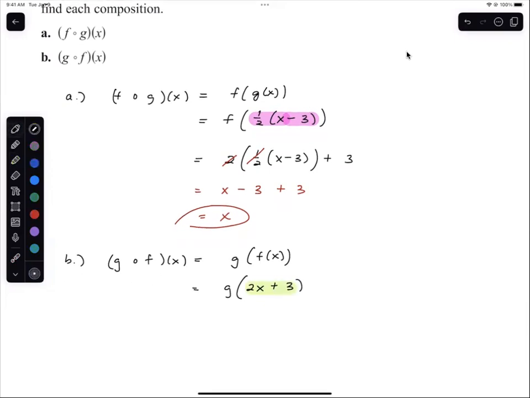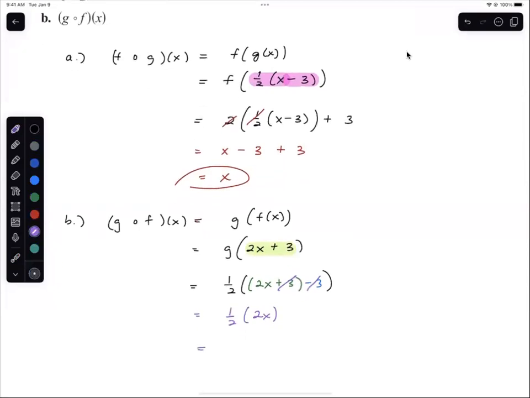So this is going to equal 1/2 times, I'm going to put another parentheses, 2x plus 3, and then the g of x function is also a minus 3. Do the inside first. So plus 3, minus 3, those cancel. So you're just left with 1/2 times 2x. 1/2 times 2 is 1. So this is just 1x, or x.